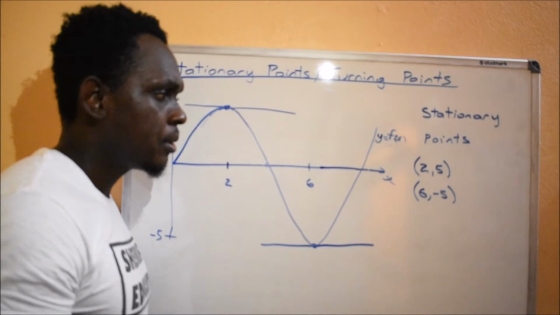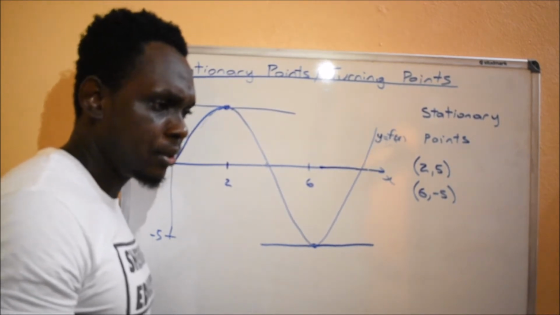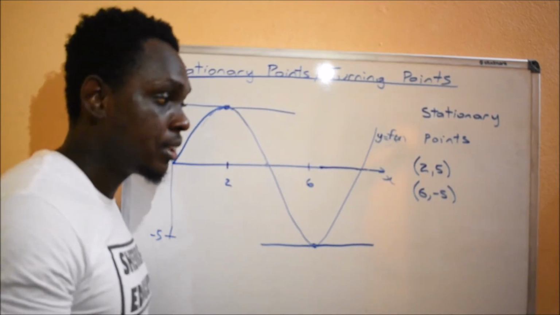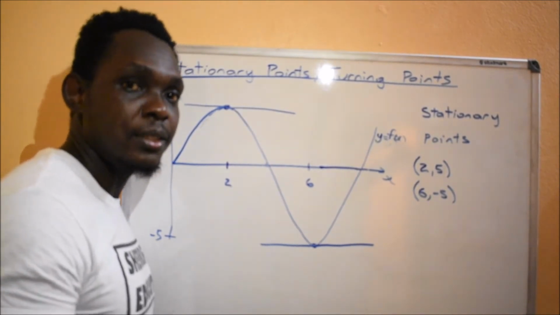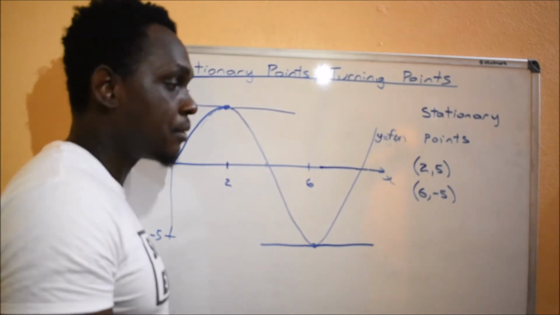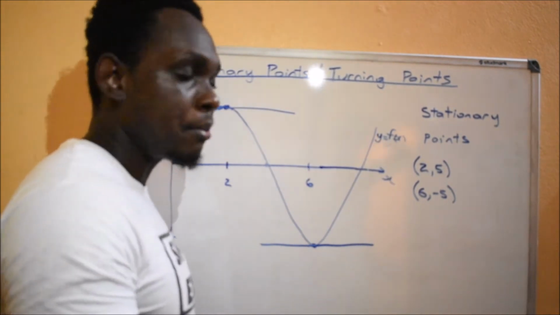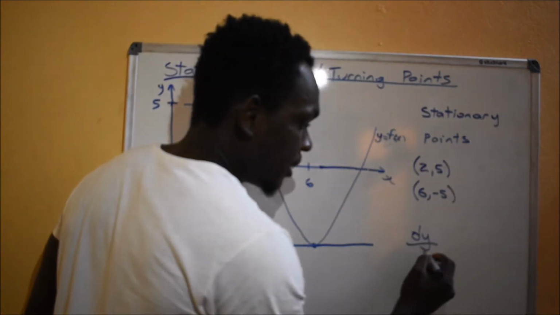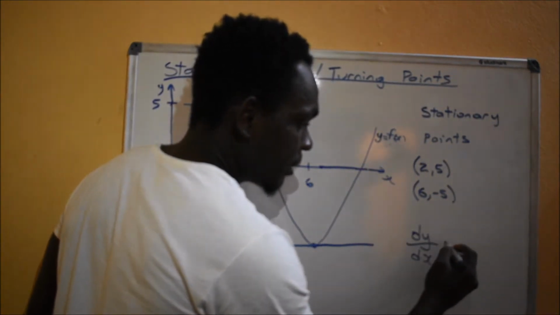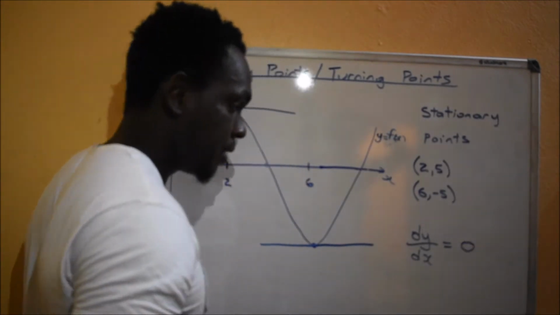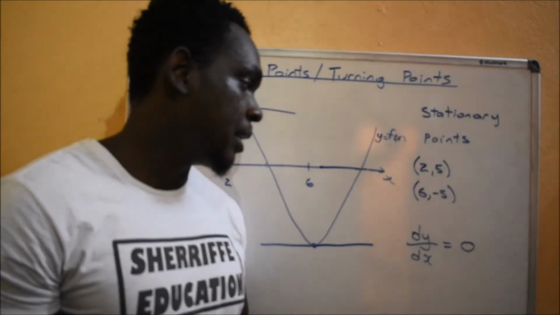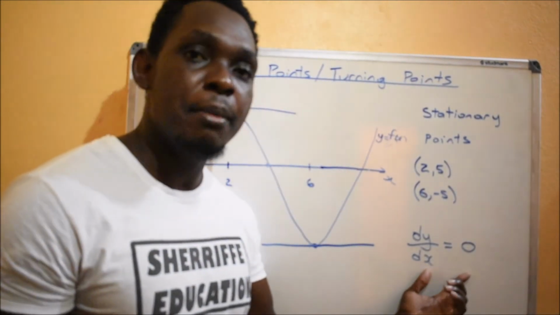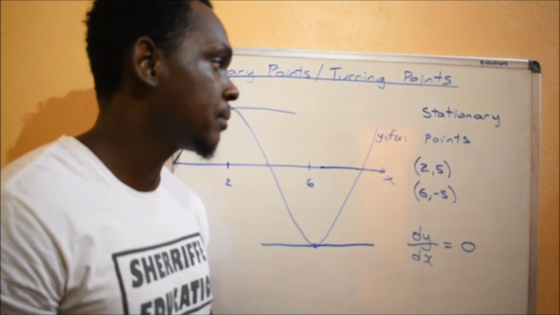Now, at some point, you should have learned that the gradient of the tangent is found using the derivative of the curve. So that means that at the stationary point, dy by dx is equal to 0. So to find the stationary point, we use the fact that dy by dx is equal to 0.